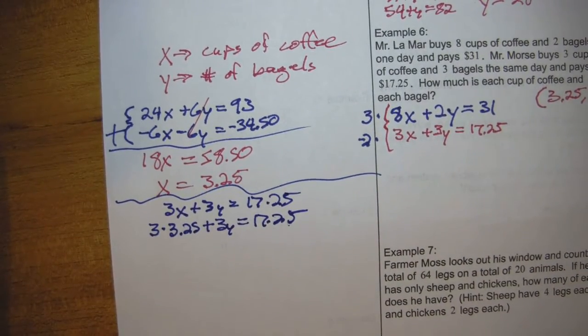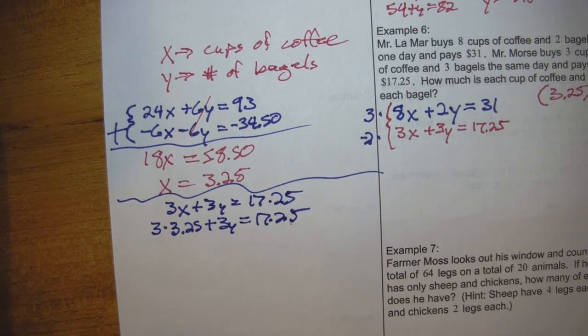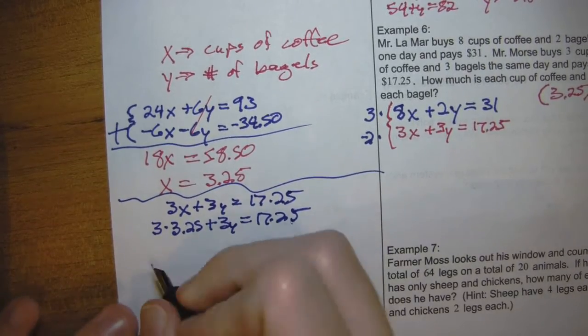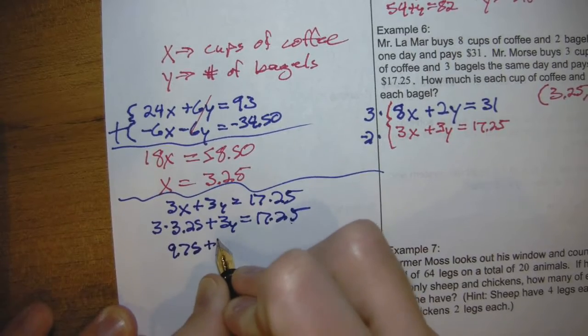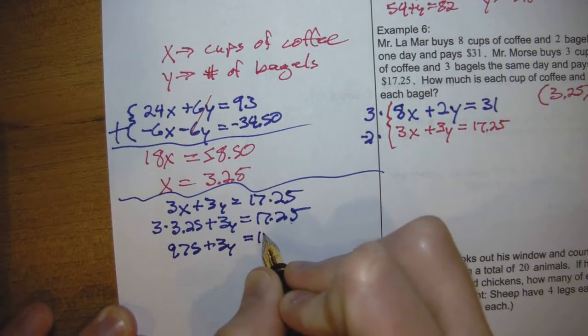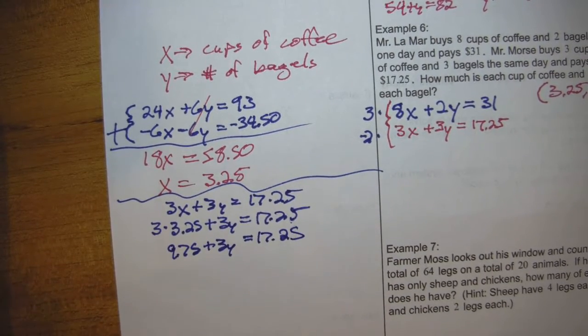Looks good. All right. So $3.25 multiplied by 3 is 9 and 3/4. 9.75 plus 3y equals 17.25. Let's take the 9 3/4 away.